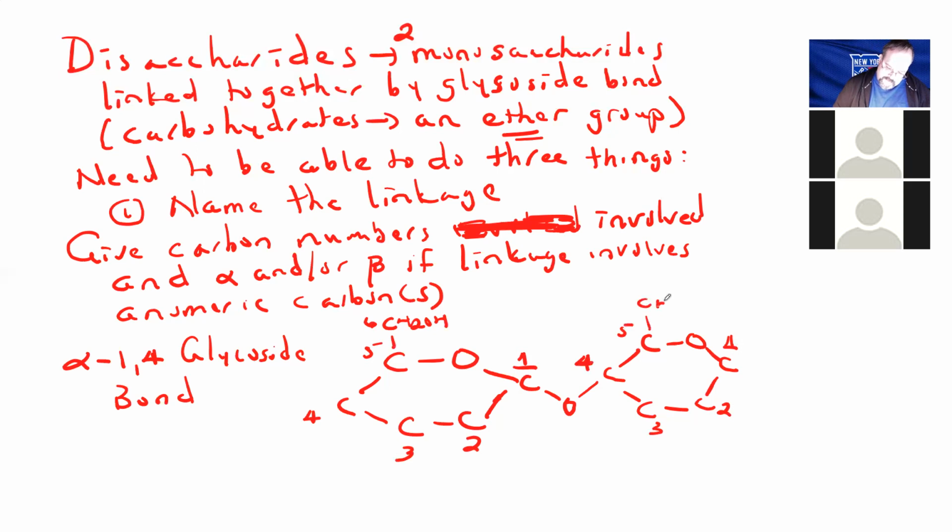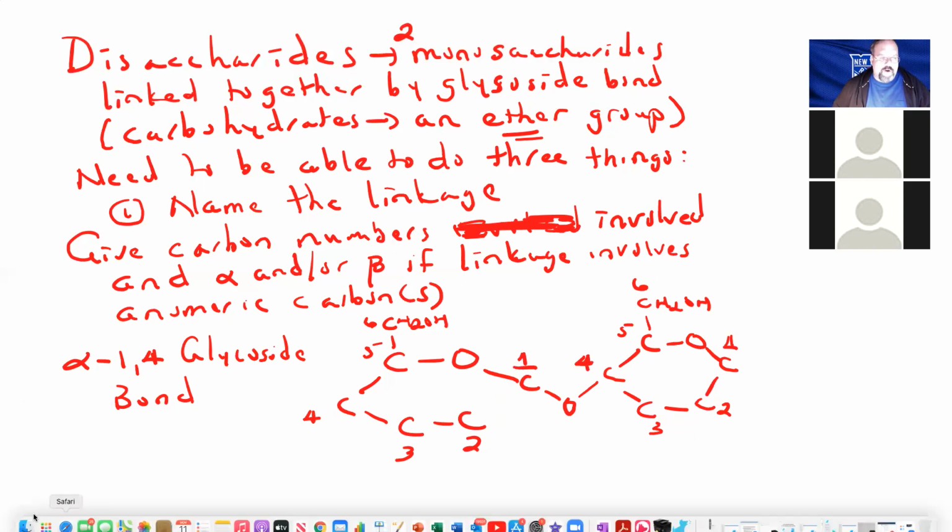5, and then 6. So if you take a look here, the linkage involves carbon number 1 of the first monosaccharide, whatever it is, and carbon 4 of the second monosaccharide, whatever it is. Carbon number 1 for the first monosaccharide is the anomeric carbon.